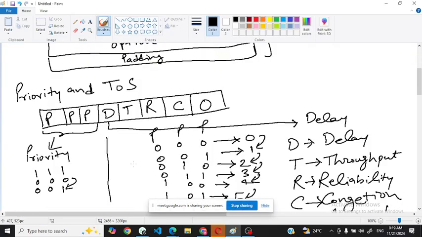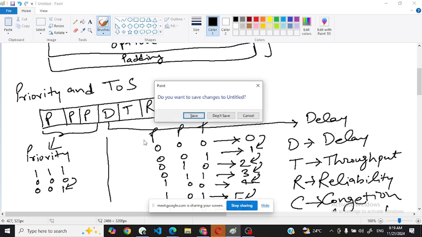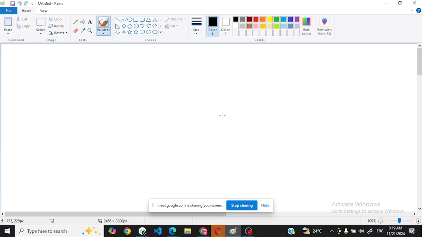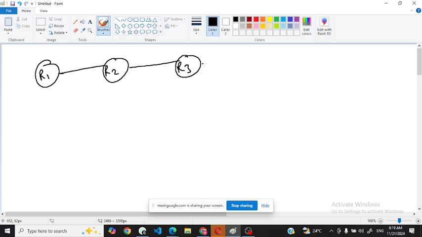Suppose you are sending data from router R1 to router R2 to router R4.